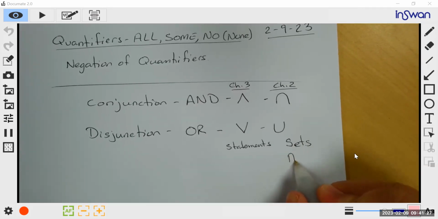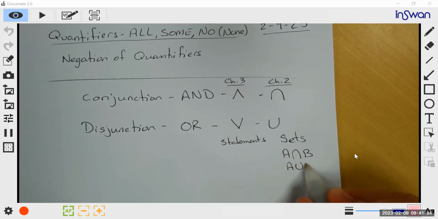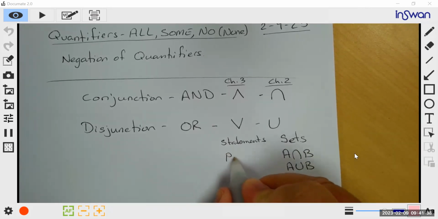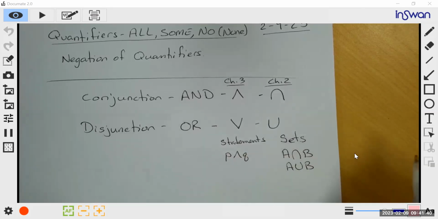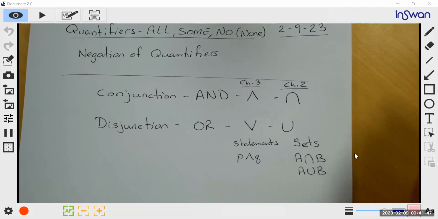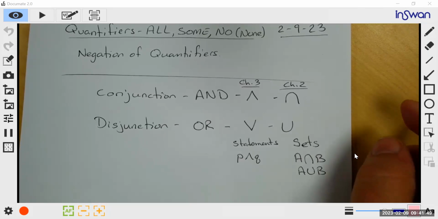Because here you compared two sets. Here we compare two statements. What's a statement? What's an example of a statement?